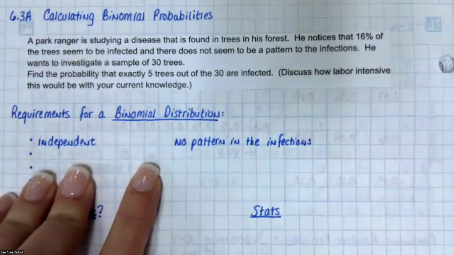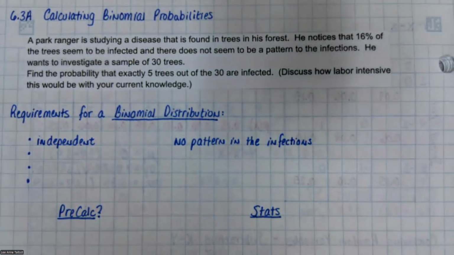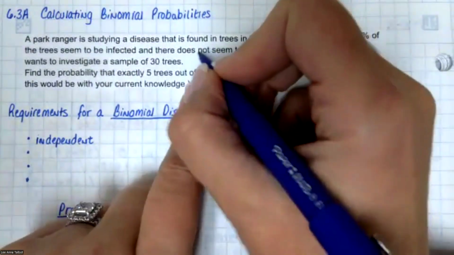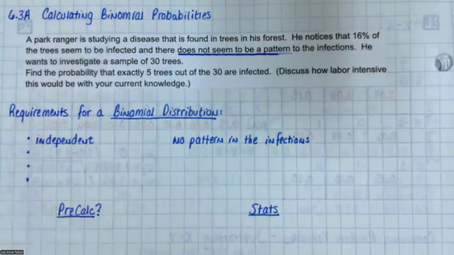That means that just because another tree is next to another tree doesn't mean that it's more likely to be infected or not, which is weird. I don't know how I feel about that as a context of a problem, but whatever. Okay, so this bit is important.